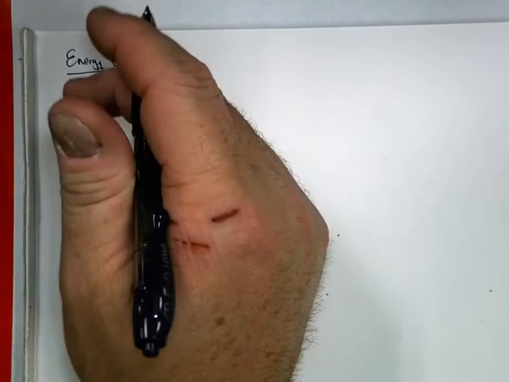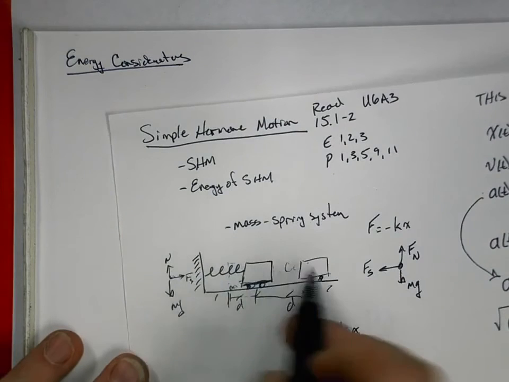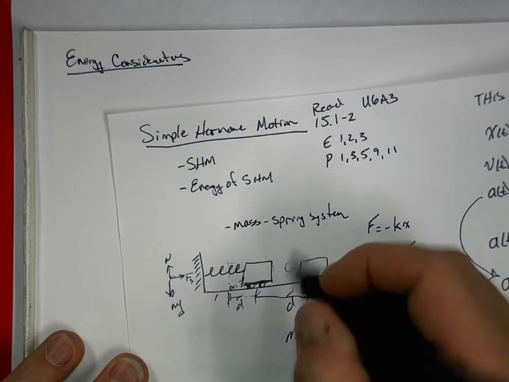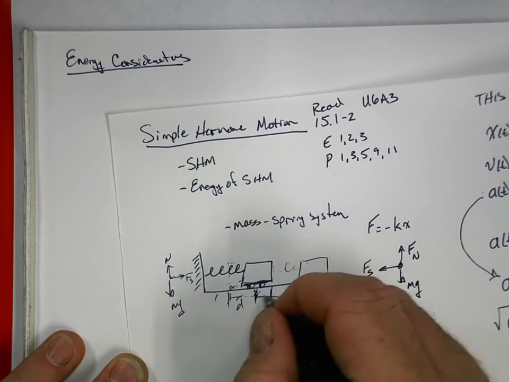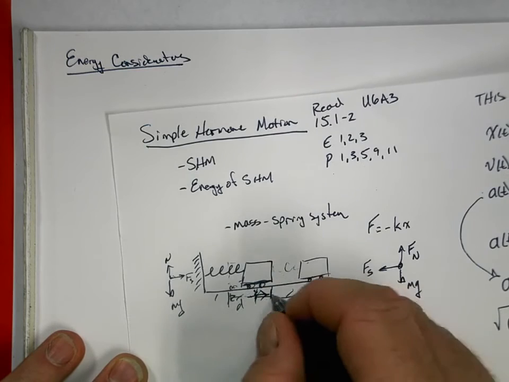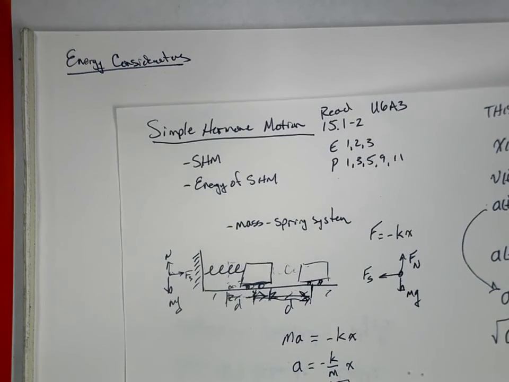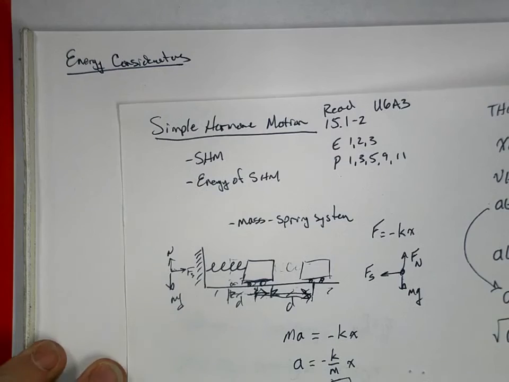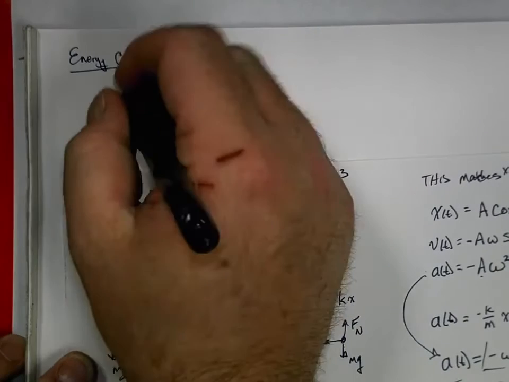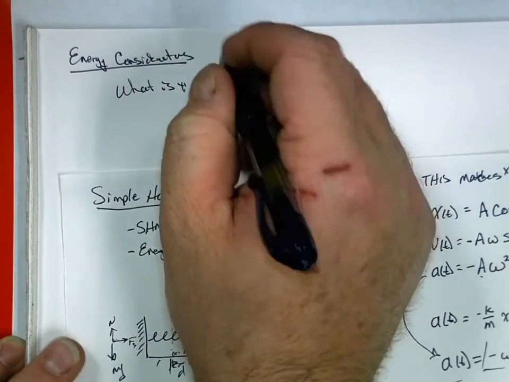So, if you remember back over here, we have our cart that's oscillating back and forth between, let's call it here, because I want to make our distances at least look equal.